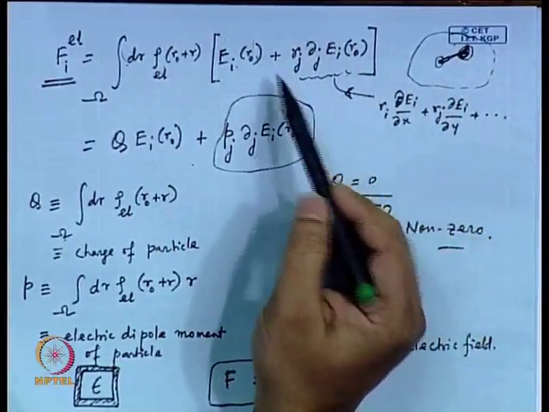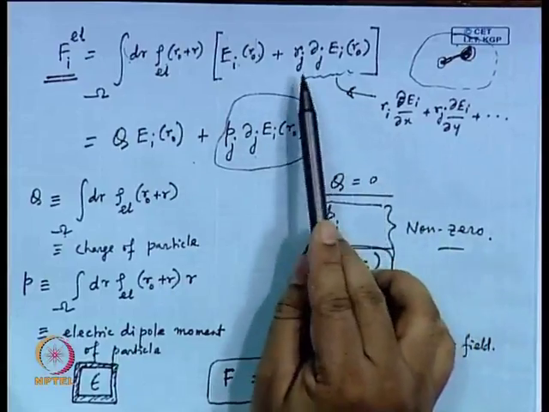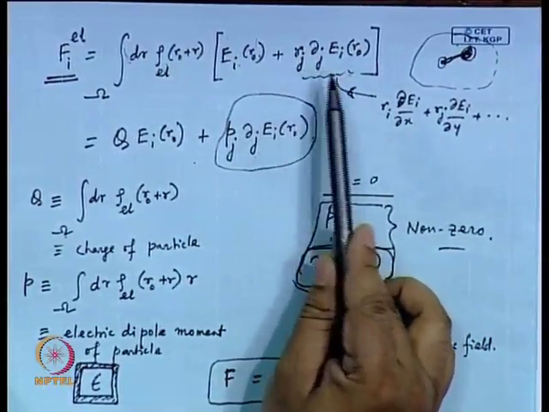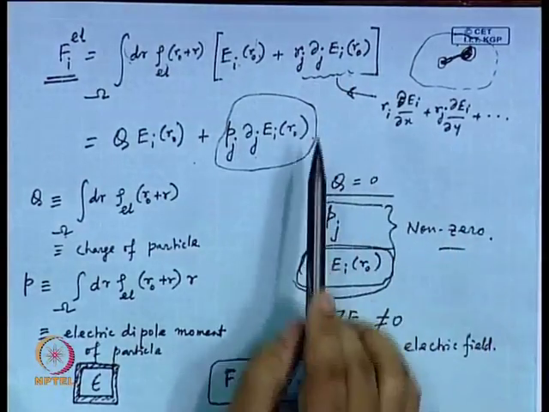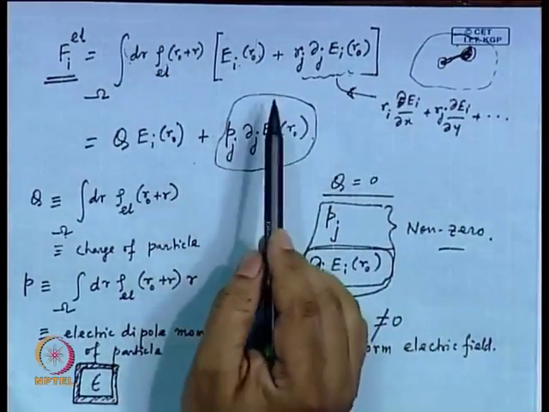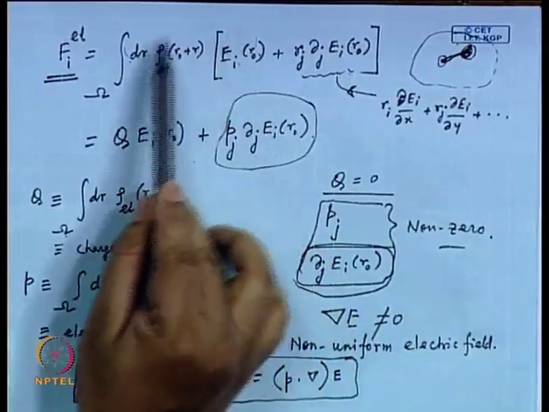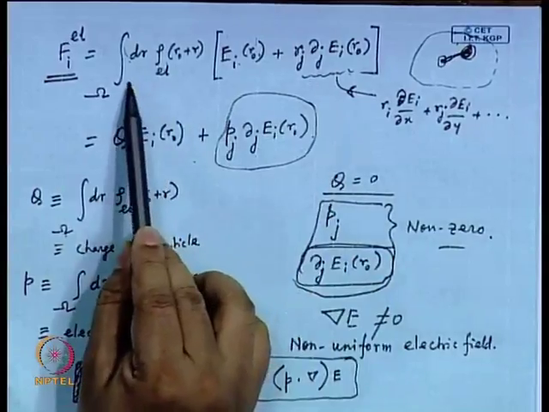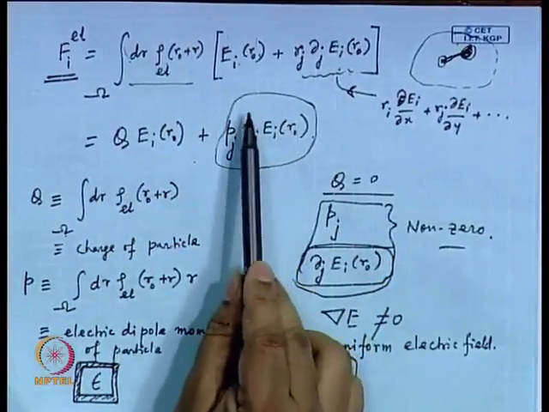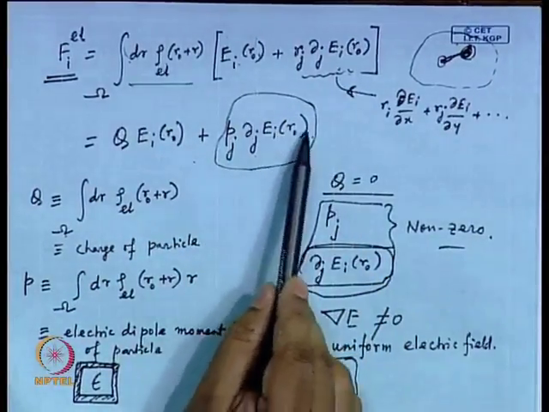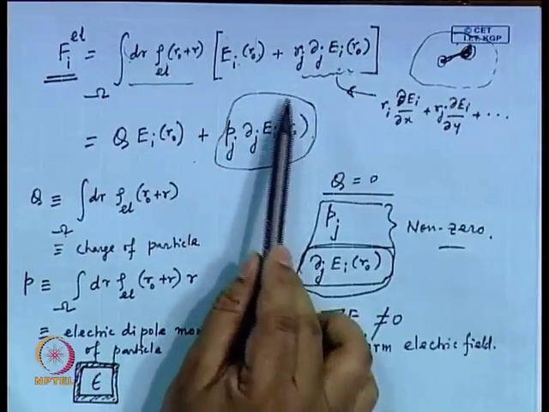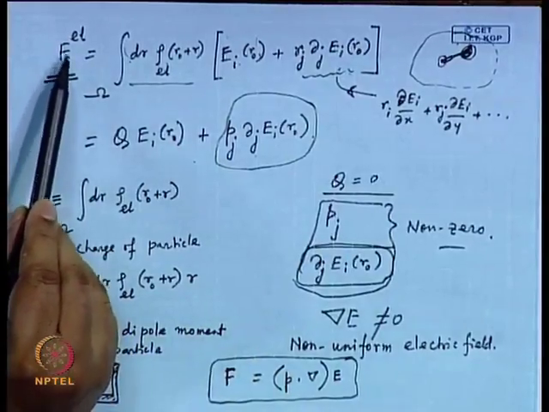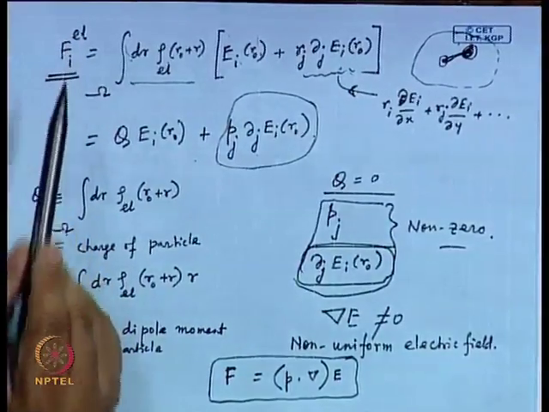Since it is a multivariable system, we have i, j and k involved, so this is a Taylor series expansion in a multivariable sense. Then we have written this product as Q into E i r 0, and this other product as P j del j E i r 0. So this is one term and this is another term. This is how we have written the ith component of the force arising from this electric field.